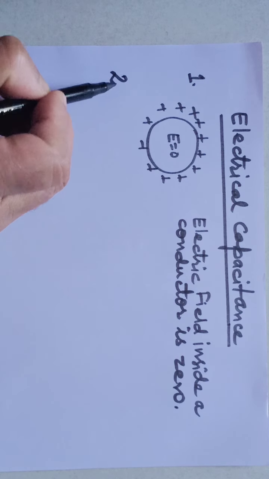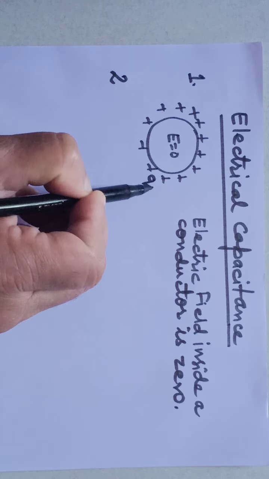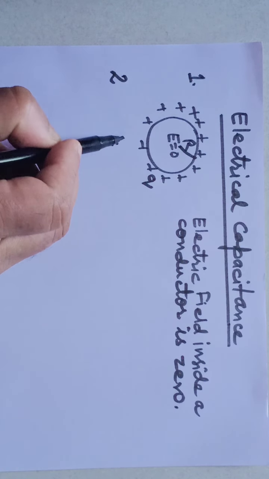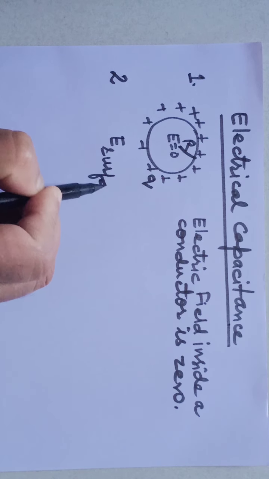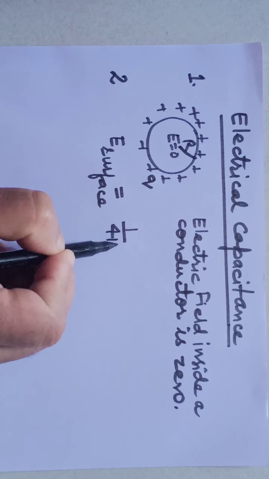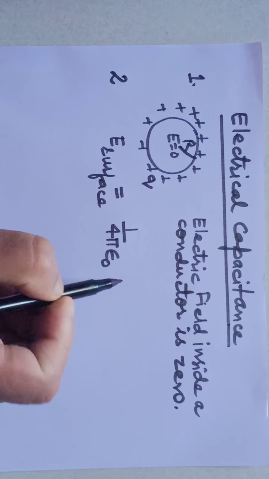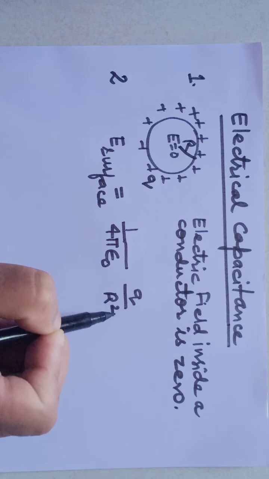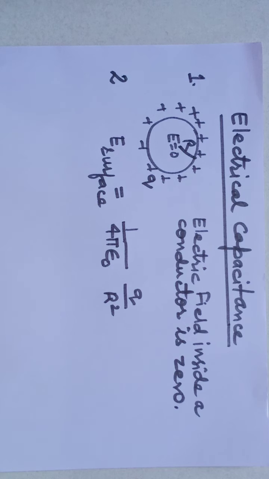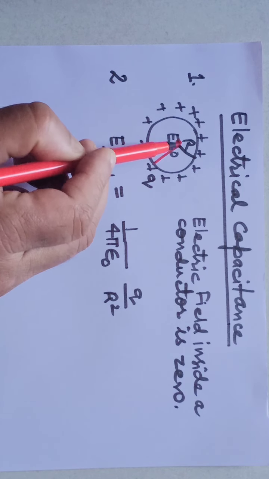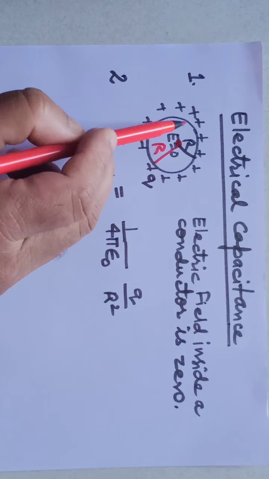And also on the surface of a sphere having Q charge and R radius, the electric field on the surface comes out to be 1 upon 4 pi epsilon naught Q upon R square, because every point is at a distance capital R from the center of this sphere.